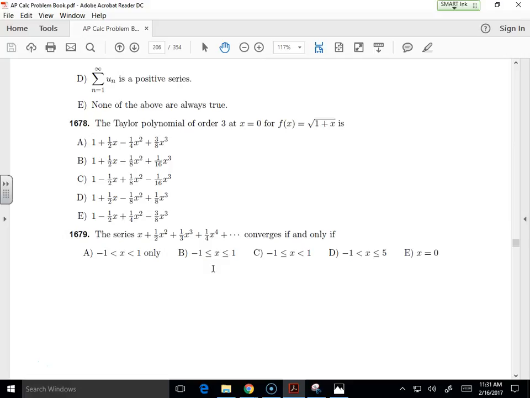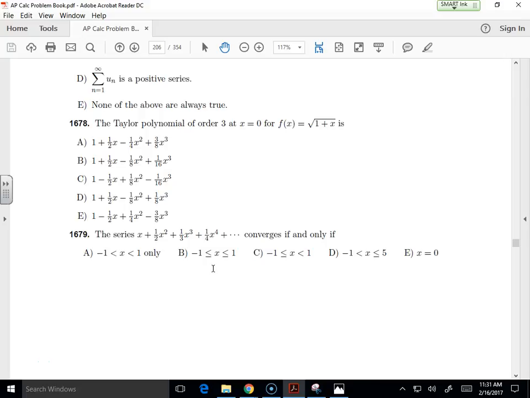So this one apparently negative 1 is included. I'm not sure why. So C. But I don't know why negative 1 can be included, but 1 can't. Well, do we know what the series is? Try plugging in negative 1. What happens?